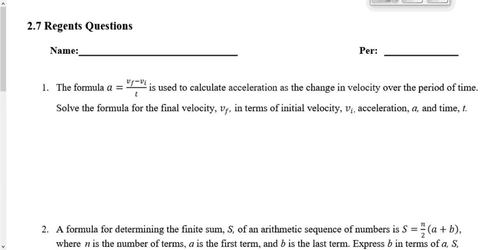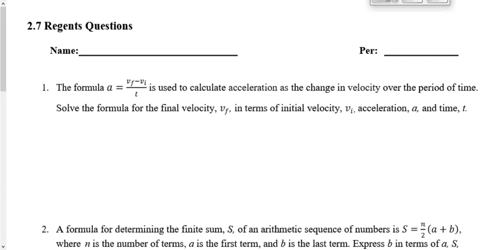All right, so here's a formula from a physics class, okay? These all have subscripts on them, right? That's V sub F, V sub I. V in physics generally stands for velocity, speed.